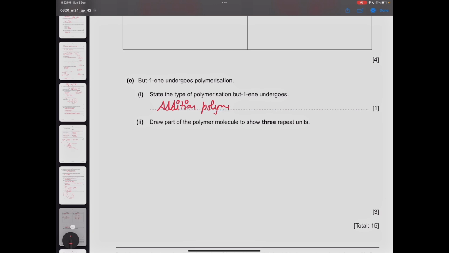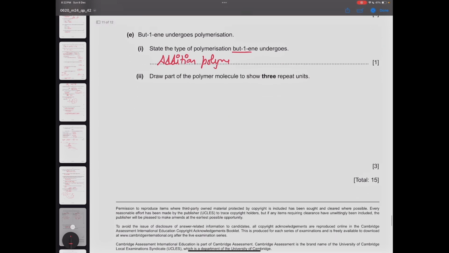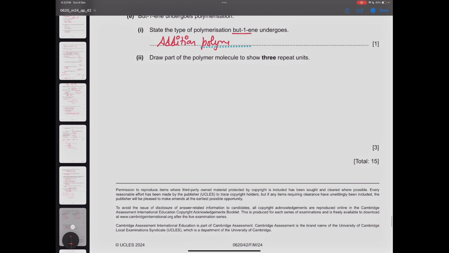Now, the last part, draw part of the polymer molecule to show 3 repeat units. And a lot of students find this a little bit problematic. Let's understand. See, first of all, let's draw the regular structure of butene. At least we first need to know what butene looks like. Only then will you be able to draw the 3 repeat units, right?